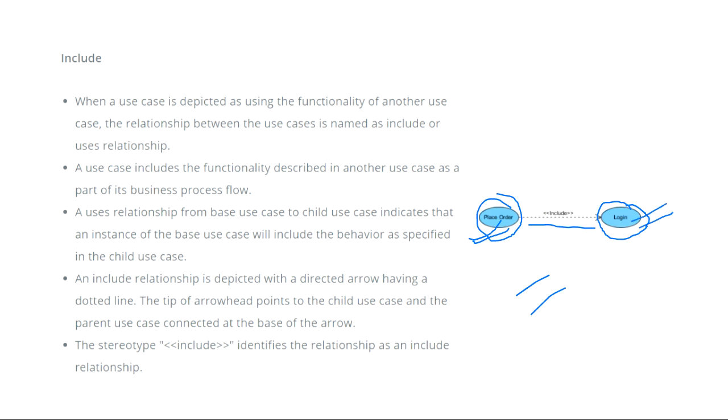You just try to place some order. After getting added to the cart, it automatically sends you to the login page, that first login. So this is what is meant by include, that whenever you try to call or associate with this use case, automatically the included use case will be called. Okay.